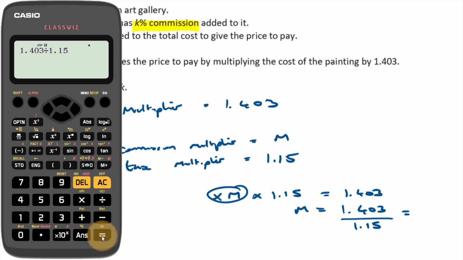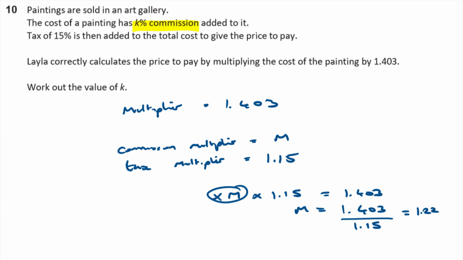That comes out to be 1.22. Okay, which is 122%, isn't it? Which means that the commission K must have been 22% then.